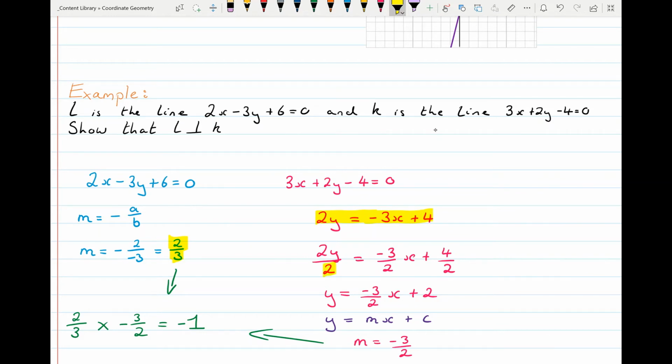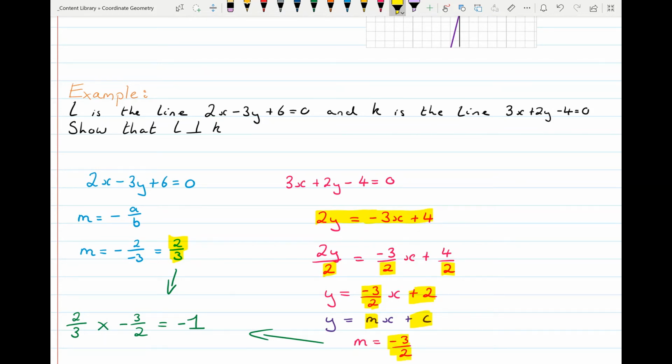So I divided everything by 2, which left me with y equals minus 3 over 2 x plus 2. Compare that with the equation y equals mx plus c. I'll see that m has a value of minus 3 over 2 and c has a value of 2. So the slope of my second line is minus 3 over 2.